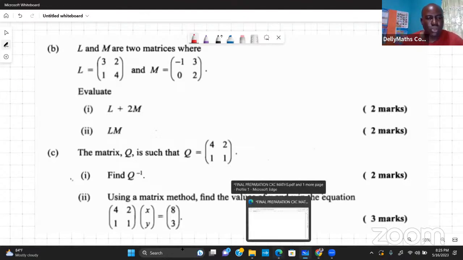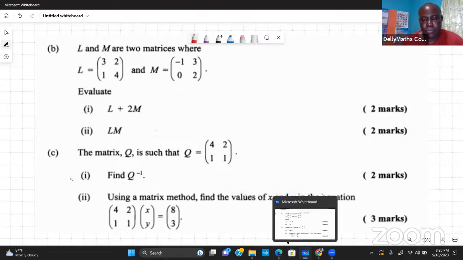So we want to do L plus 2M. All right, let's write what we have. I'm just grabbing a quick picture of what's going on here so that I don't have to be flipping too much. All right, let's go now.